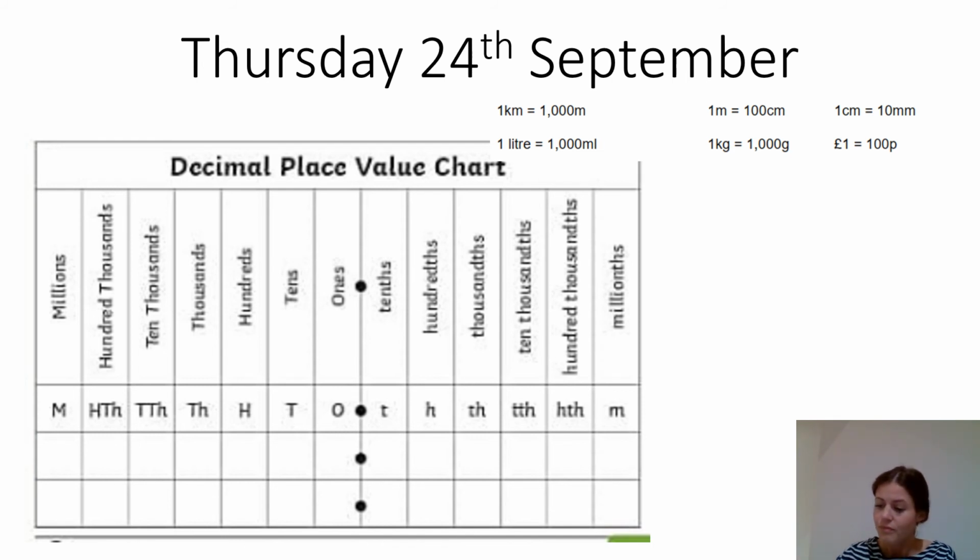Put 0.04 on your place value chart, so your starting decimal. And then have a look. I've got to make it smaller. So how many places to the left, this side of the decimal point, do I need to move each of these digits?